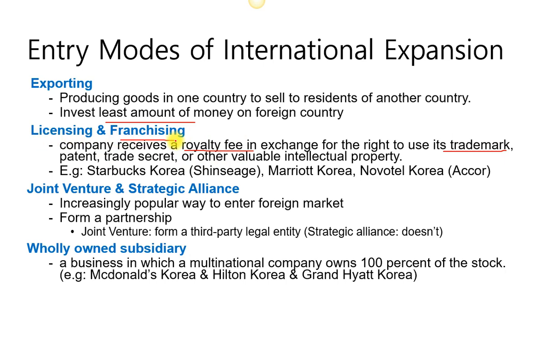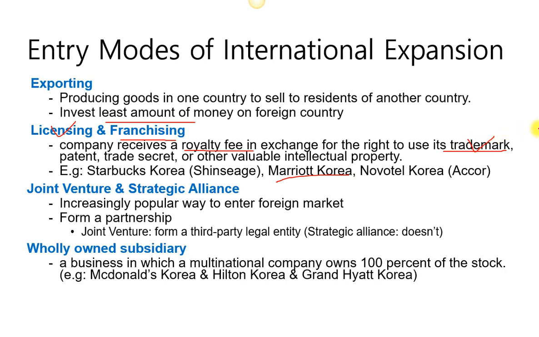Franchising, where else? Yes, franchising is when you give the know-how and how to do it, and trade secrets. You do the management and everything. Marriott is also doing franchising. Like KFC, we know what franchising is all about. Licensing is only being able to use a trademark, and the company itself is very independent.